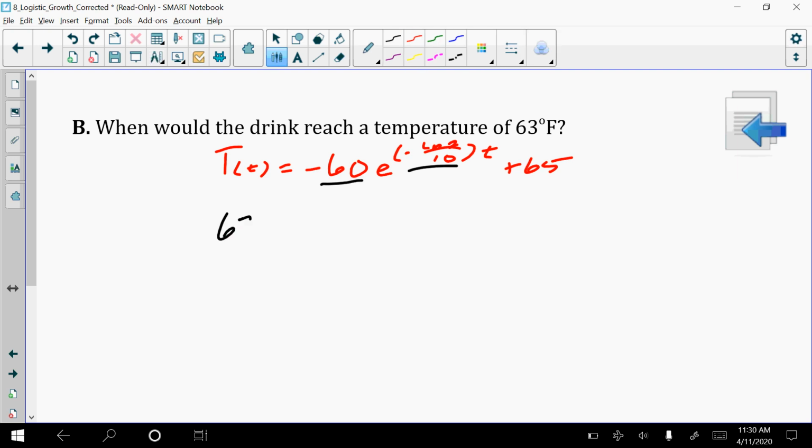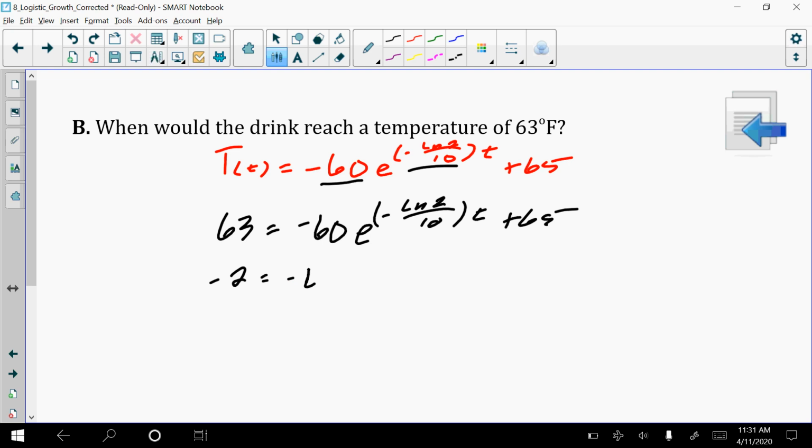So 63 degrees is equal to negative 60 e to the negative natural log of 2 over 10 times t, plus 65. We begin by moving the 65 over through subtraction, and it'll give us negative 2 equals negative 60 times e to the negative natural log 2 over 10 times t.